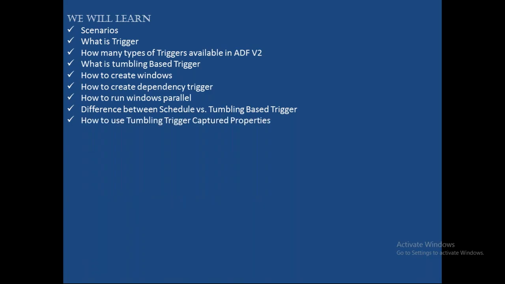Next, how to use tumbling trigger captured properties. Tumbling trigger will tell you there are different properties. One is when this trigger started. Trigger start time, if it is running now, will be today's date. Next, window start time. Window start time means when our first window will start, 2010 January 1st.